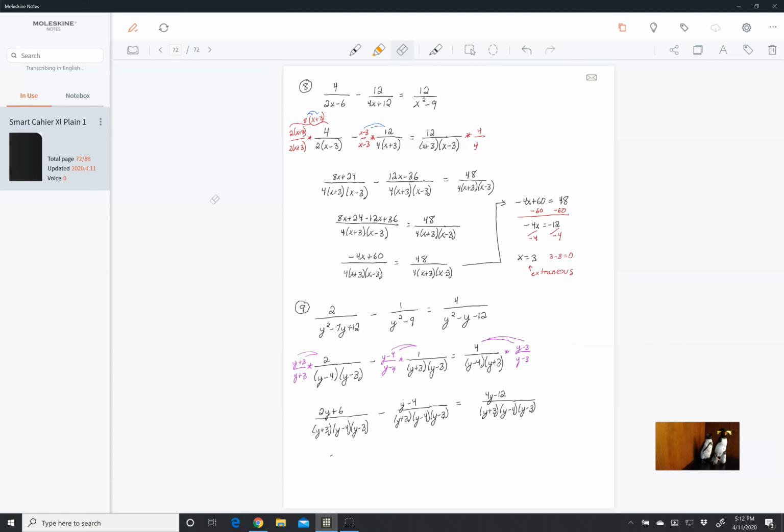So we have 2y plus 6 minus y plus 4 over y plus 3, y minus 4, y minus 3, is equal to 4y minus 12 over y plus 3, y minus 4, y minus 3.